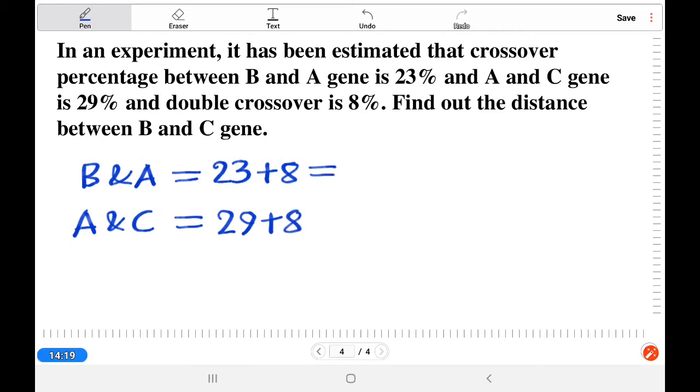So now the values come to 31 and 37%, because double crossover happens in both. So it clearly indicates that the B and C genes, when the direct crossover has not happened, are present at two different ends of the chromosome.